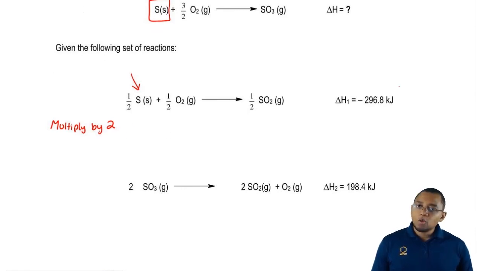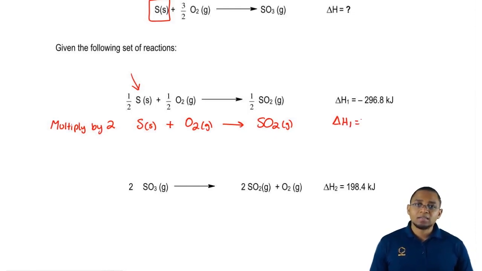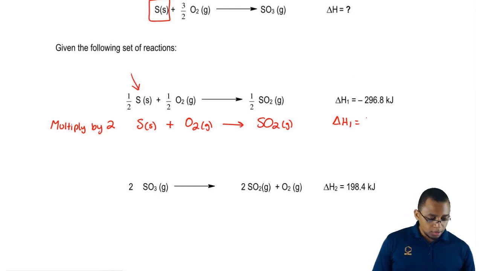So when we multiply everyone by 2, all those halves become 1. So 1 mole of sulfur solid plus 1 mole of oxygen gas gives me 1 mole of SO2 gas. And if we multiply the equation times 2, then we're also going to have to multiply delta H times 2. So then that becomes negative 593.6 kilojoules.